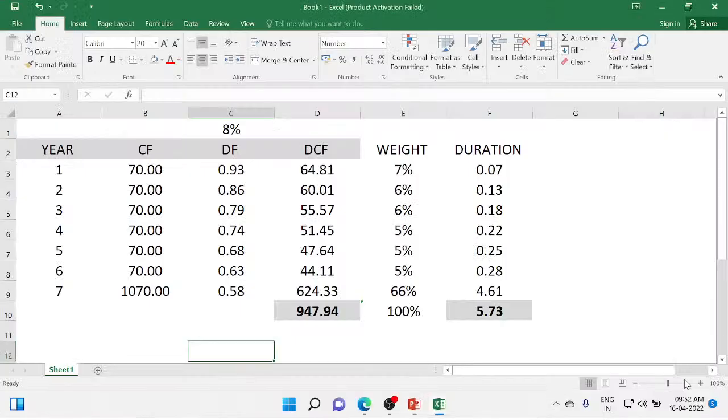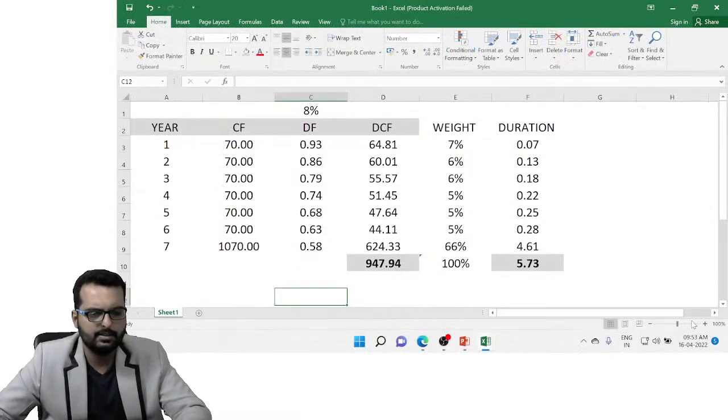You want the spreadsheet, Aditya? Please write down. All right, I believe you're all done writing this, friends.